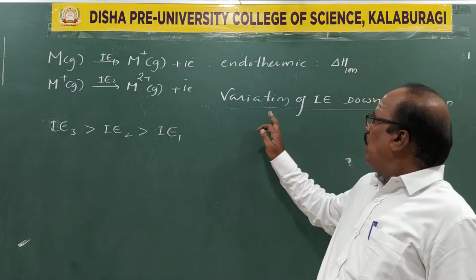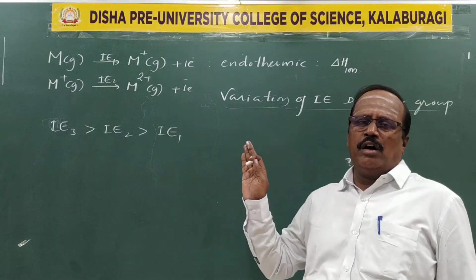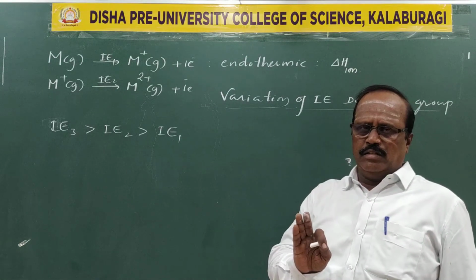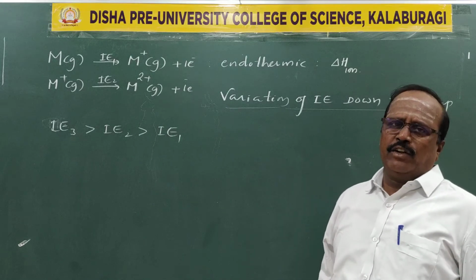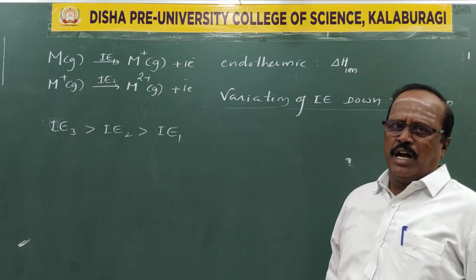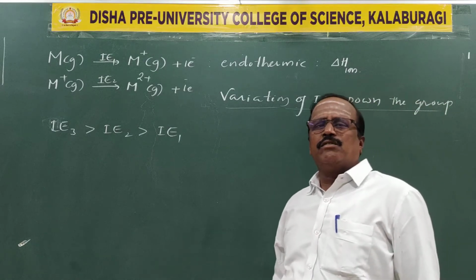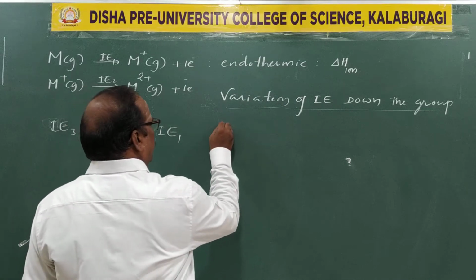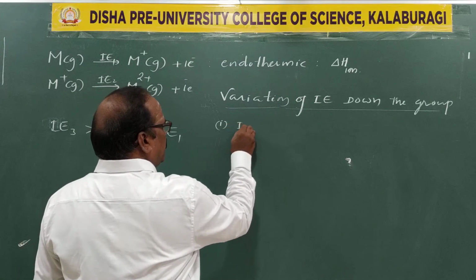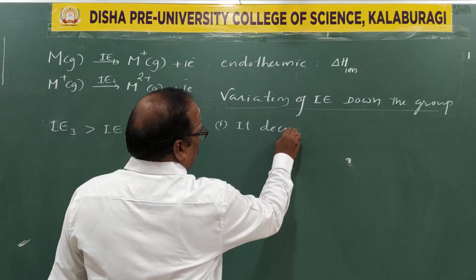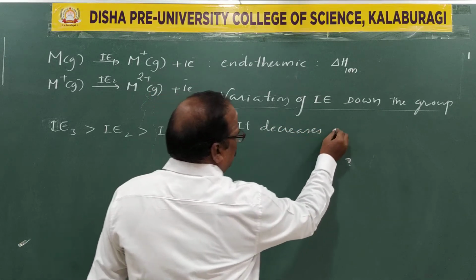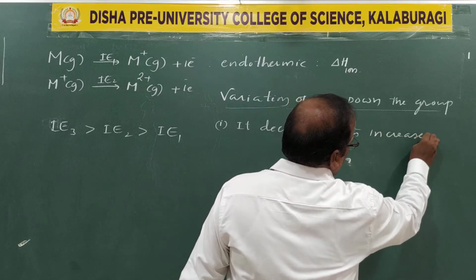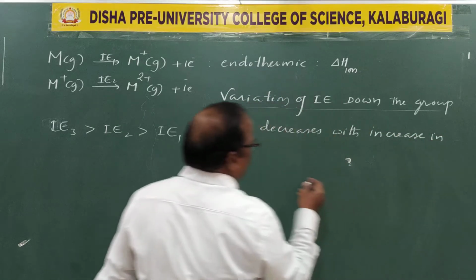Answer: down the group, ionization energy goes on decreasing because there is an increase in atomic size. Ionization energy is inversely proportional to atomic size. So down the group it decreases with increase in atomic size.